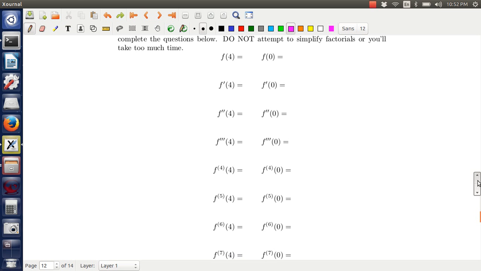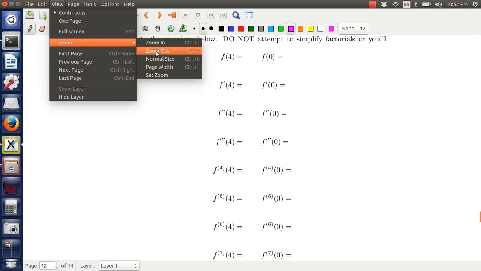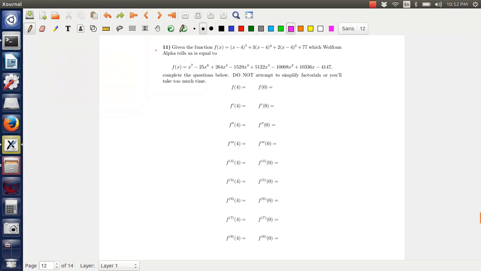So all you have to do is just copy the coefficients, and this one is easier because you have more of them. F of 0 is minus 4147. F prime of 0 is 10,336. This one is this number times 2, or 2 factorial.